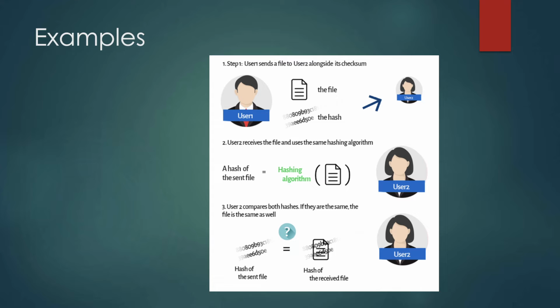User 1 can't tell user 2 exactly what is on it, especially if time is of the essence. So user 2 has to use the algorithm to figure out if they are both the same. The best way to do this is using the hashes. If you compare both hashes and they're the same, the file is the same, and that makes the recipient aware that the file they received is the correct file and has not been corrupted in any sort of way.